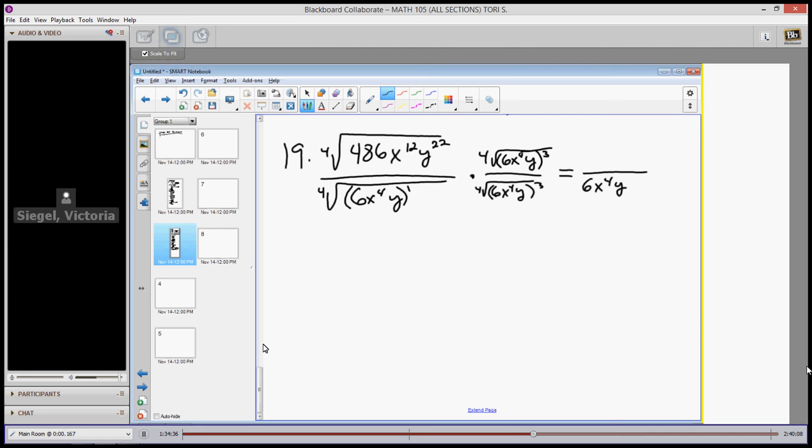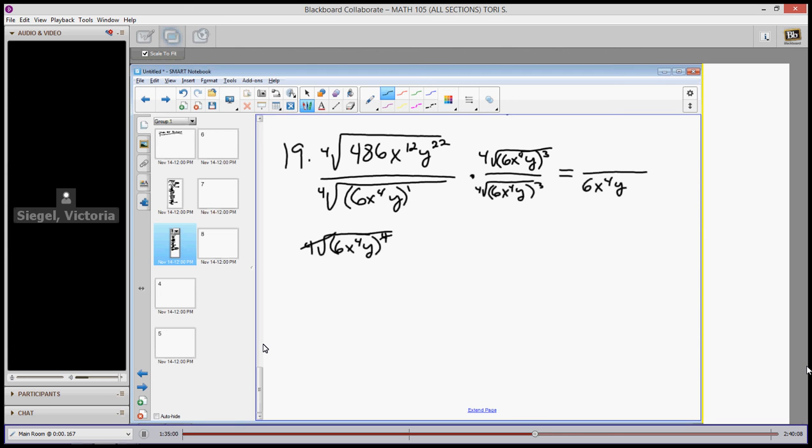So here, we have effectively to the first. So then when we have one of them, and then times them cubed, we end up with the fourth root of 6x to the fourth y to the fourth. And since it's the fourth, we can cancel them.